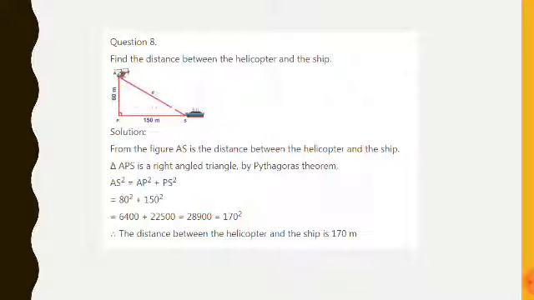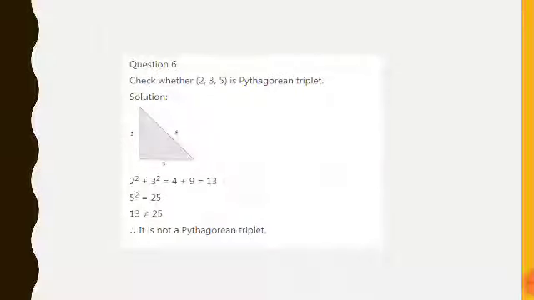Then AP square is 80 square, PS square is 150 square. Adding, we get the value 28,900. The square root of 289 is 17, then adding the 0s, take 170 square. The distance between the helicopter and the ship is 170 meters.